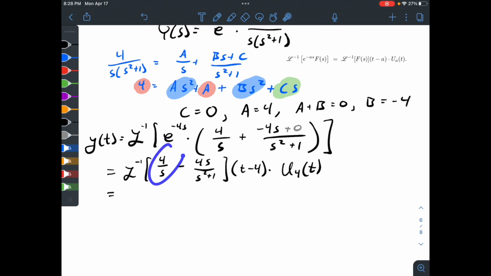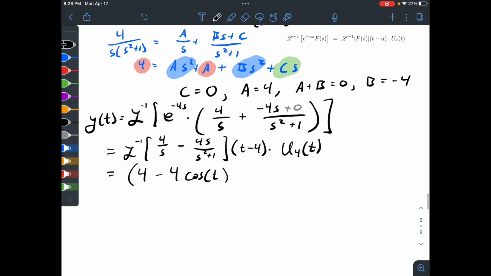Okay, L inverse of 4 over s is just 4. L inverse of 4s over s squared plus 1 is 4 times cosine of t. And so now at this point, we have to replace all of our t's with t minus 4's.